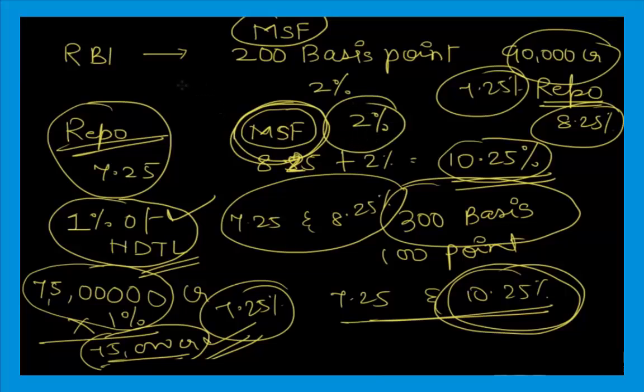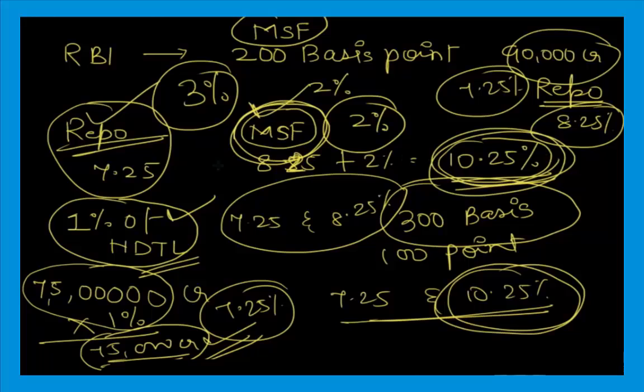So the maximum borrowing that the bank can do is 3% of NDTL, including 1% of repo and 2% of MSF, with the repo rate being the same at 7.25, but MSF at 10.25.